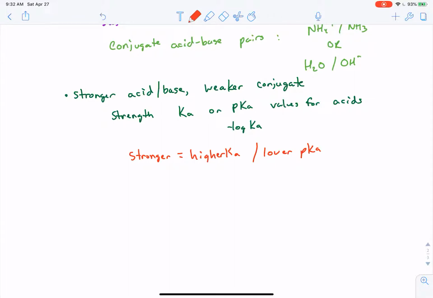So, for example, just to keep things simple, if you have 1 times 10 to the negative 4, and then 1 times 10 to the negative 6, the first is a stronger one. But when you take the pKa of that, that's 4 and 6, and 4 is still the stronger one. So make sure that you know how those values are related.